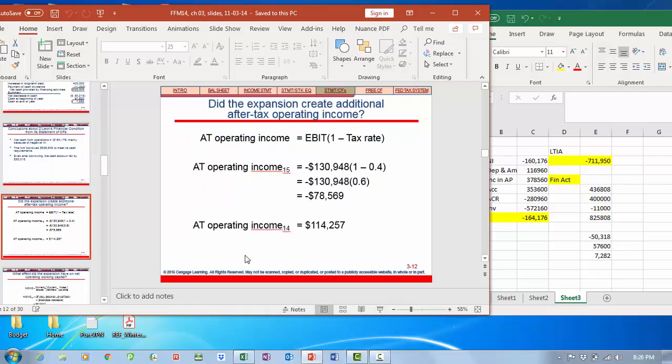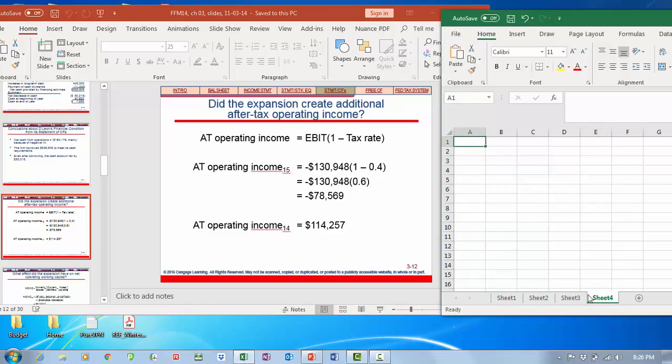So did the expansion create additional income, after tax operating income? And that we can calculate by this formula, which is EBIT, earnings before interest and taxes, coming from the income statement, multiplied by 1 minus tax rate. In this case, we are going to assume the corporate tax rate of 40%.